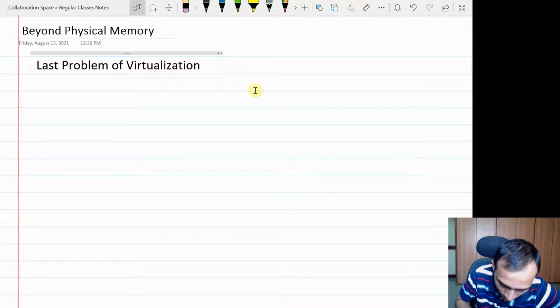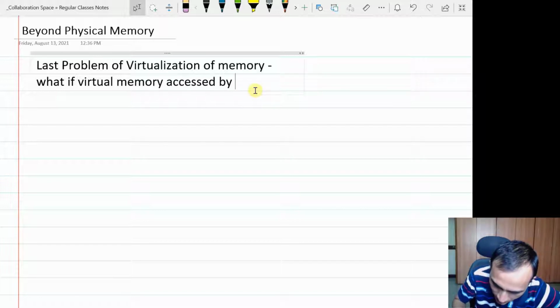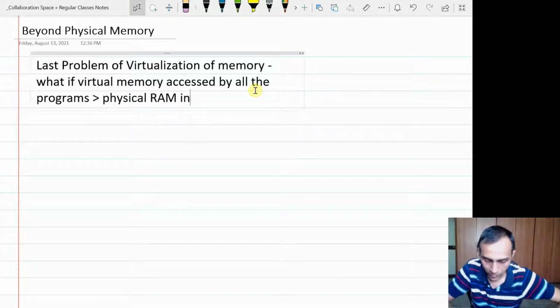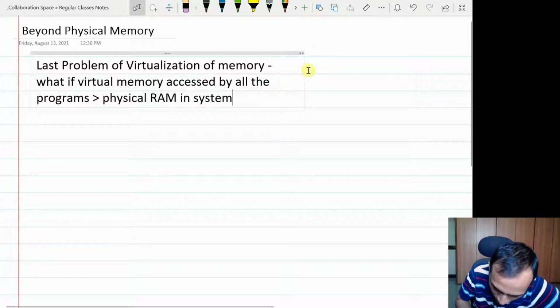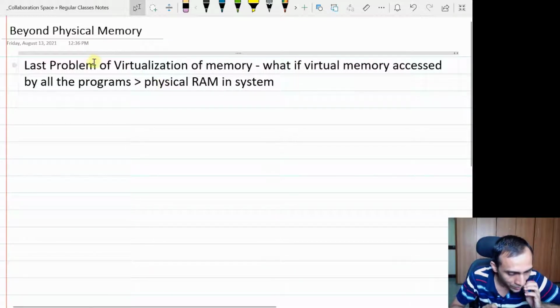What if the virtual memory accessed by the programs, by all the programs, is greater than the RAM of the system, the physical memory of the system? That is a problem that we have to address.